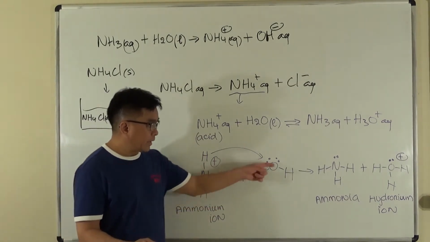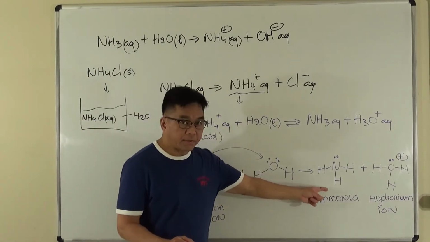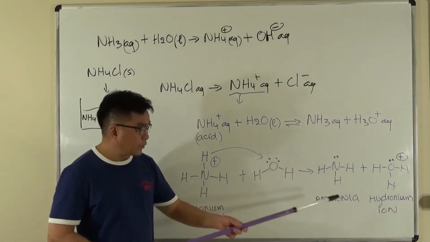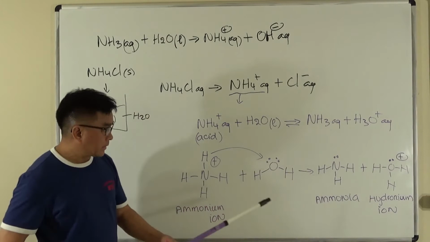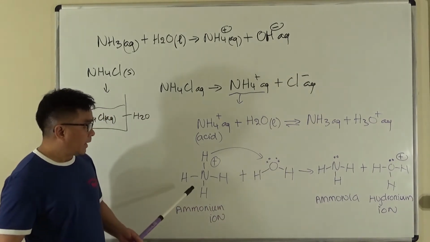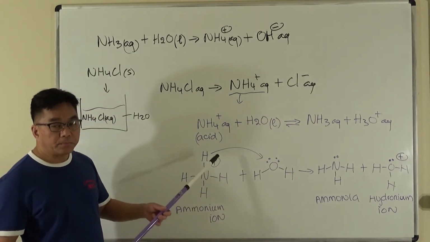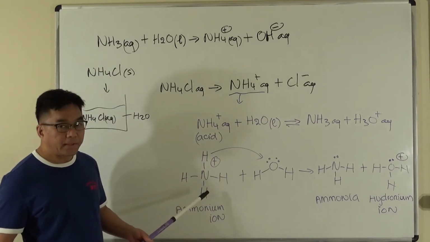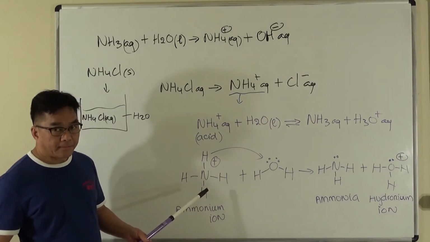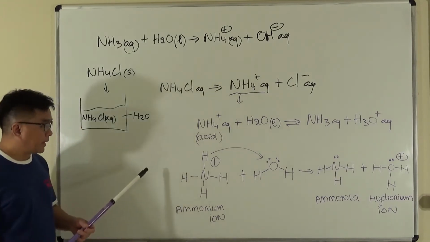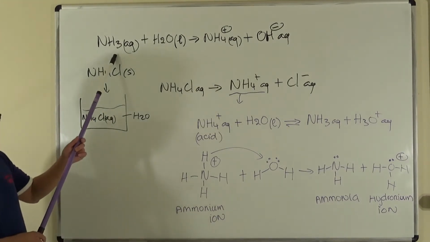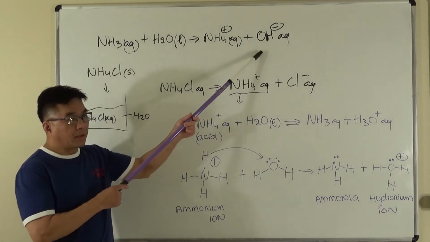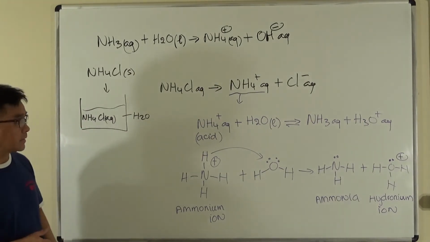When it releases the proton, it becomes ammonia, and it forms hydronium ions. Therefore a solution that has ammonium ions in it is going to be acidic instead. A solution that has ammonia is going to be basic because it has hydroxide ions.